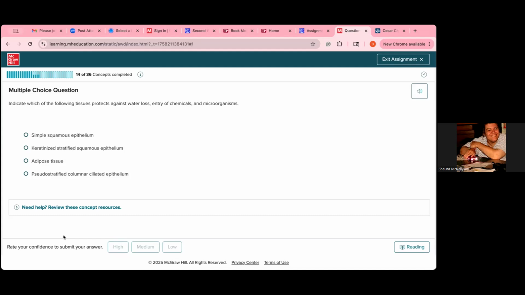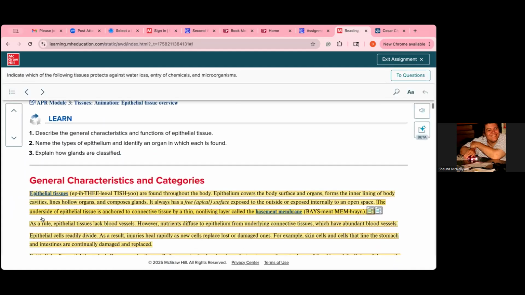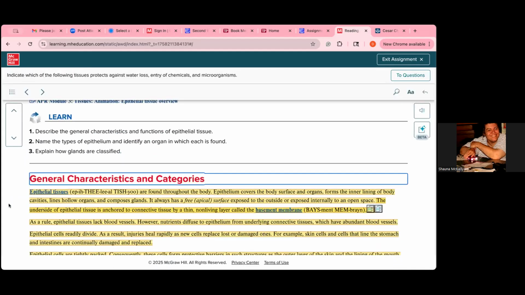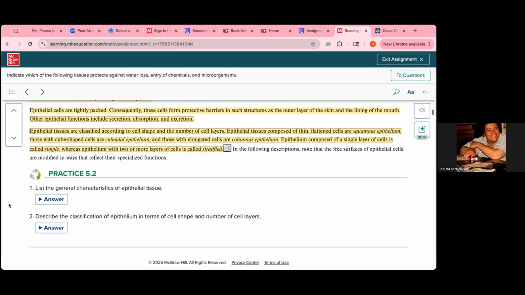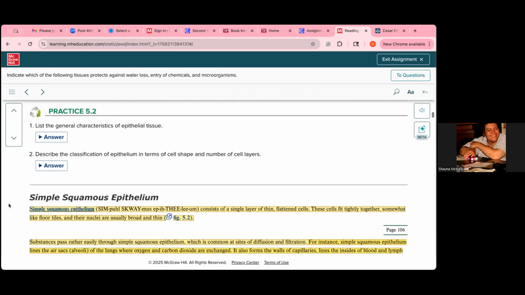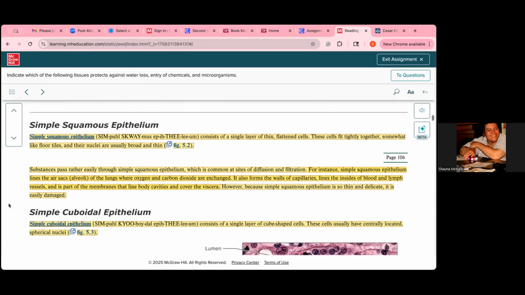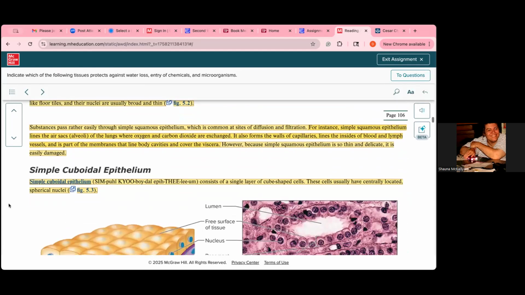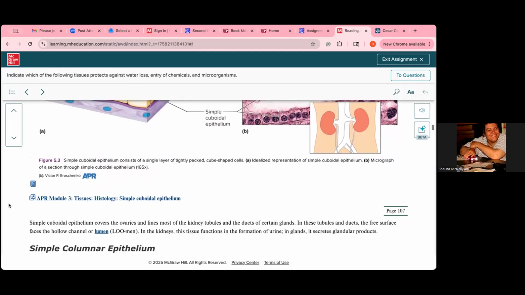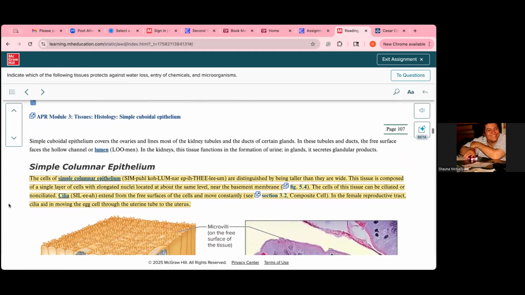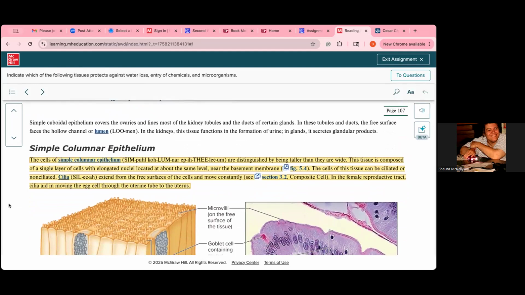Let's look it up. I'm not sure which one this is. Or it could be pseudostratified columnar epithelium. Let's go down. It's not that. It's not simple cuboidal. That wasn't on the list. Keep going.